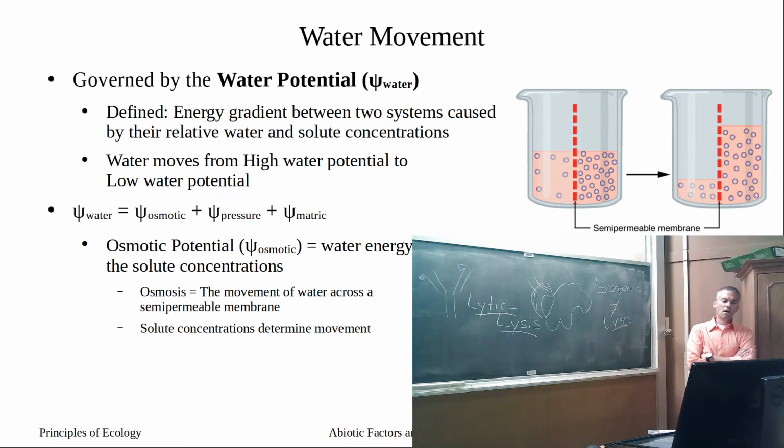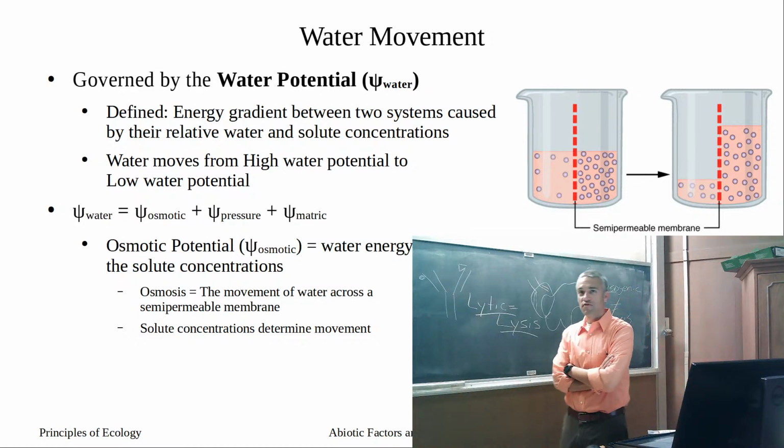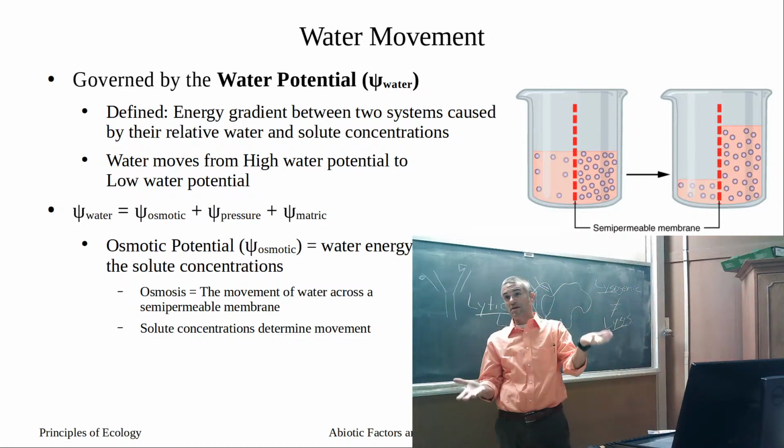All right. So, our osmotic potential is the energy due to the solutes themselves. So, the salts, the sugars, your metabolites. Right? And in our concentration, water is going to move from its high potential area to its low potential area.